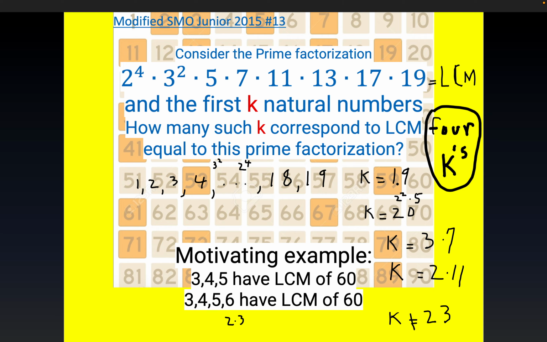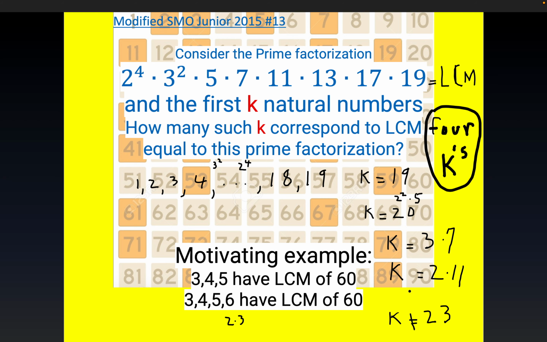I'll have to be a little more careful about saying that, but if you think of the LCM as a number theoretic function, it's not one-to-one, and this is a nice example of that.